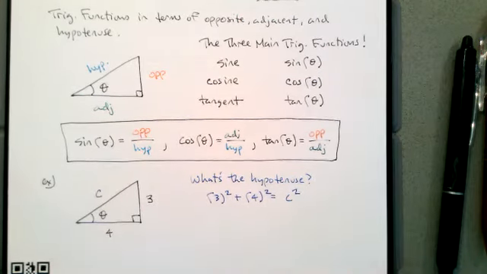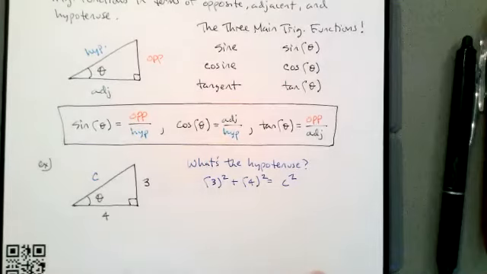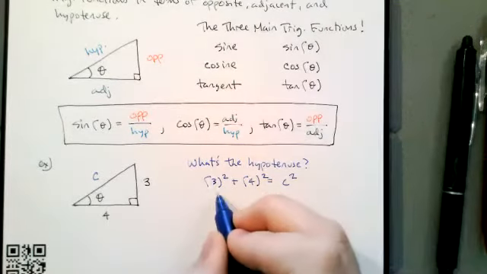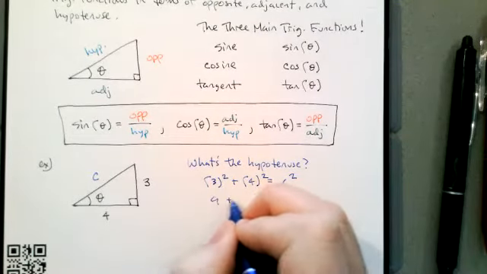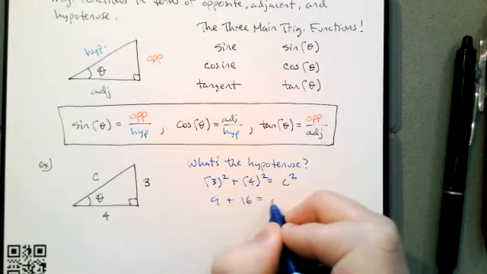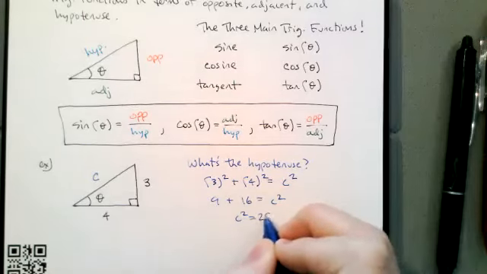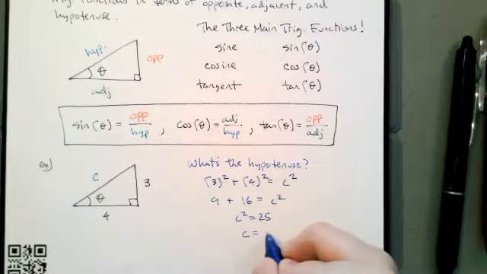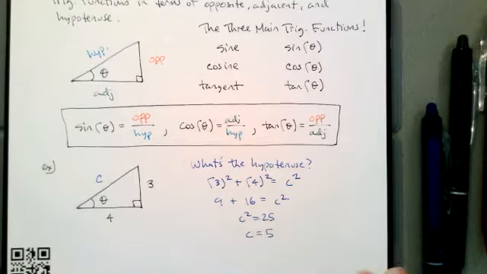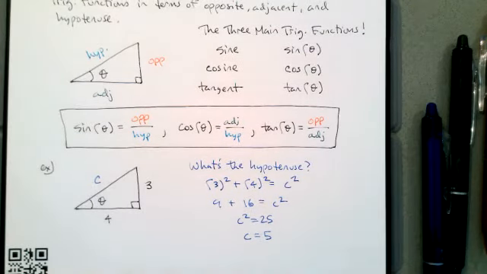So I'll call it C like I normally do. So C squared is 3 squared, which is 9, 4 squared, which is 16. So C squared is 25, and so C is equal to 5. So this is a 3, 4, 5 triangle.